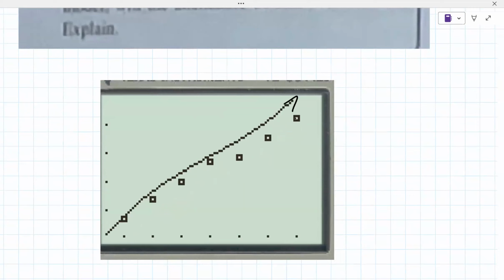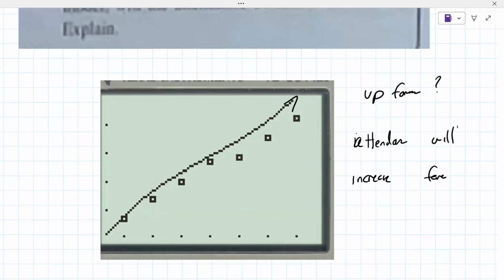Does it go up forever? And it does. So you want to answer it somehow and say that attendance will increase forever.